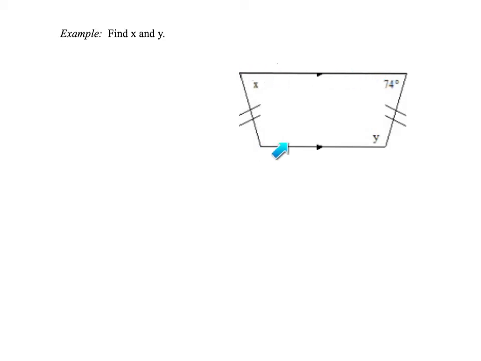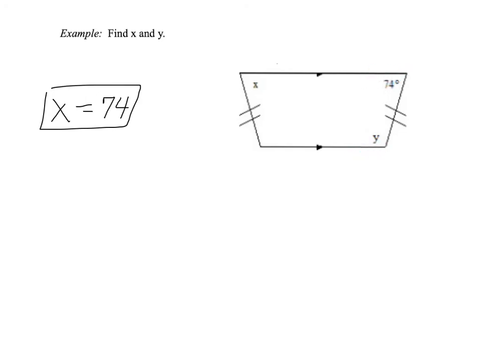So these are my bases, meaning my one pair of base angles would be x and 74. So I would know right away then, since base angles are congruent, that x has to be 74 degrees. As for the other angle of y, please notice that in a trapezoid, your bases are parallel.